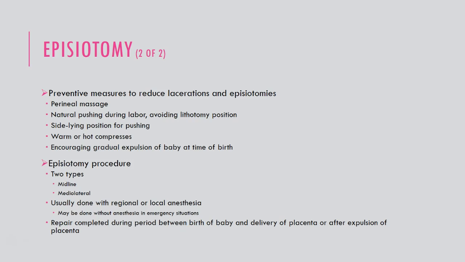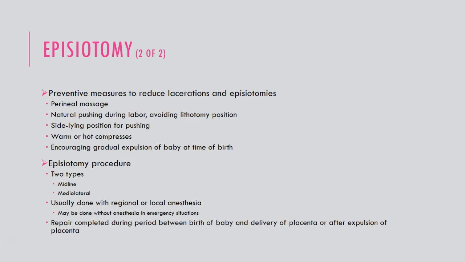There can be some preventative measures that help reduce lacerations and episiotomies, and patients can be educated on these during the prenatal period, or the antepartum period. Perineal massage can help. Natural pushing during labor, and avoiding the lithotomy position.